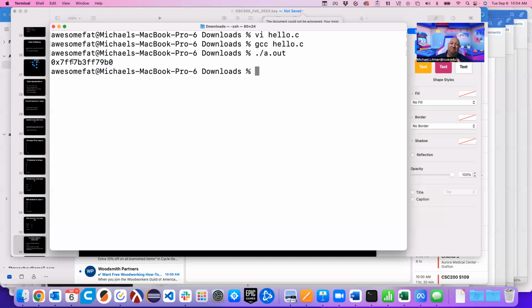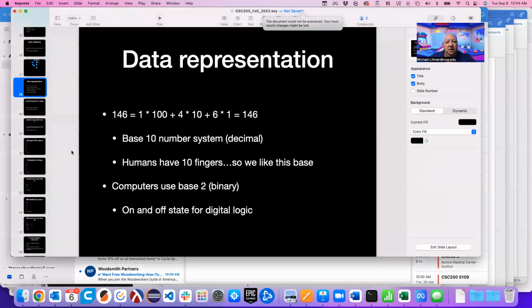So let's finish figuring this out. Remember this weird representation here in a few minutes. There's a reason why octal and hexadecimal are important players here. All right, so let's just go back to here.